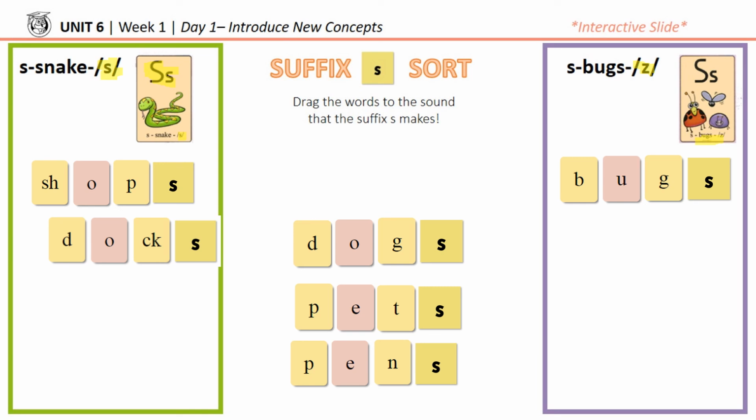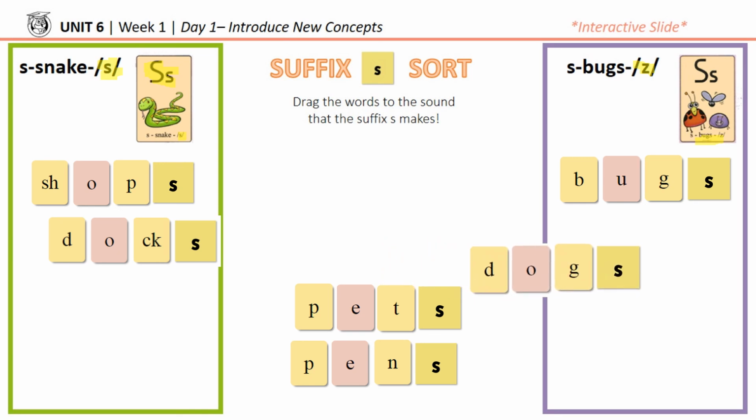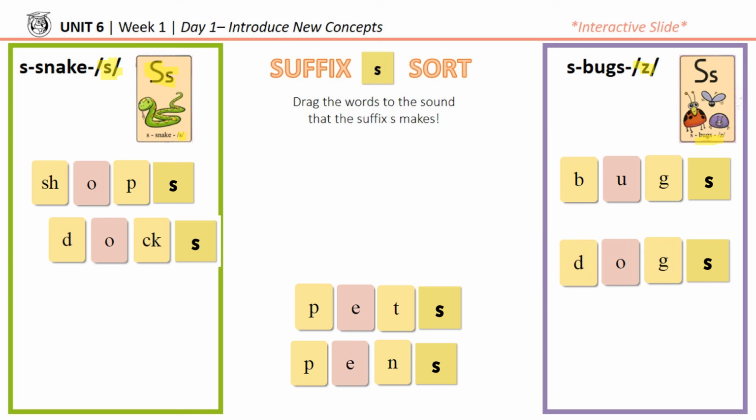Now let's take a look at the next word. Dogs. Where should we put the s as in dogs? If you said with the z sound, you are correct.